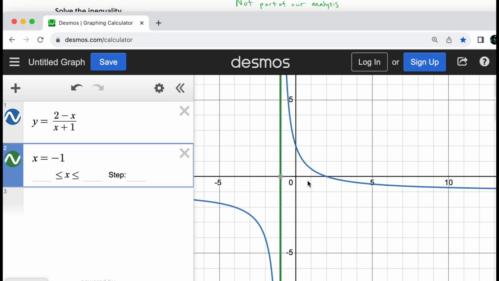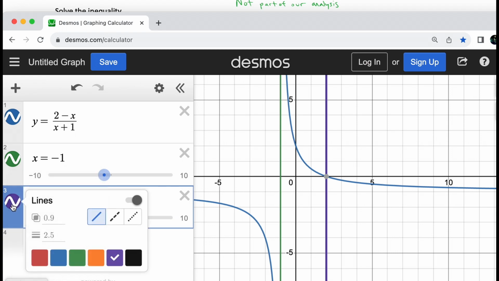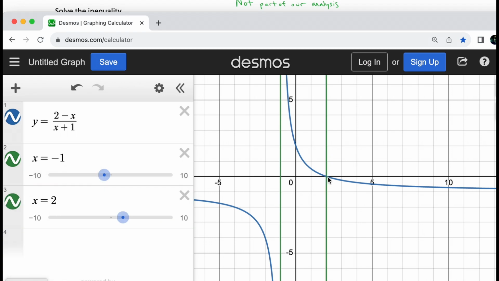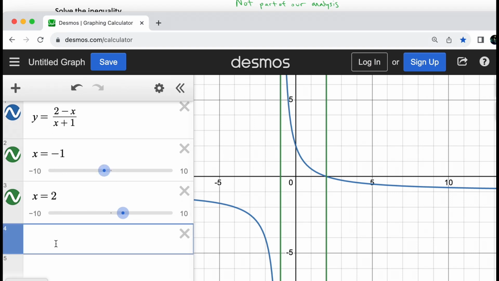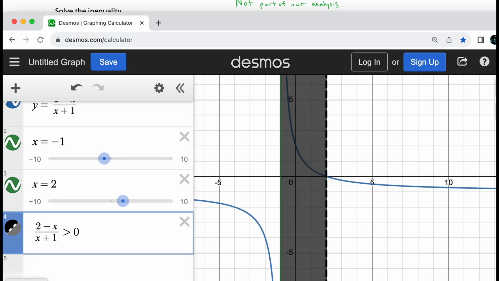And we also see that x equals 2 is the location where the function has a 0. So it's going to be positive everywhere from -1 to 2. It's true according to the graph. If you want to see that solution set graphed by Desmos, then you just type in the inequality. It's going to shade in the x values where your graph is positive.